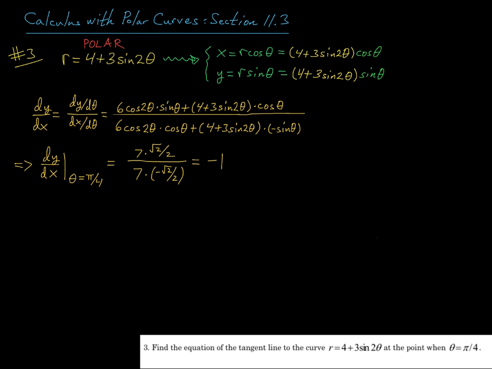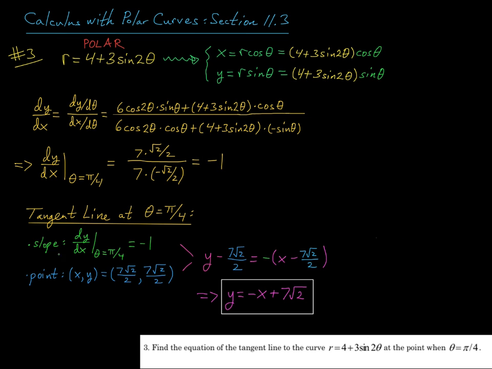Okay, so now to write down the equation of the tangent line, our slope is just the derivative dy dx evaluated at theta equals pi over 4, and we found that's negative 1. Now, for the point, where do we get the x and y coordinates when theta is pi over 4? Well, we just go back up to our parametric equations.